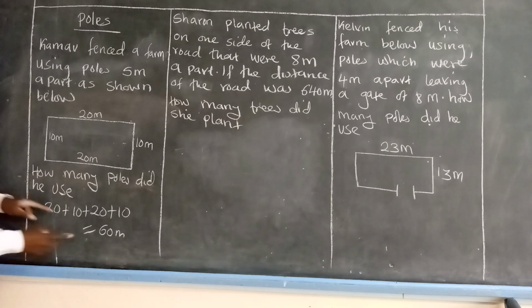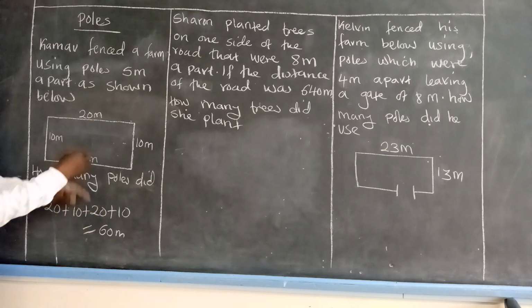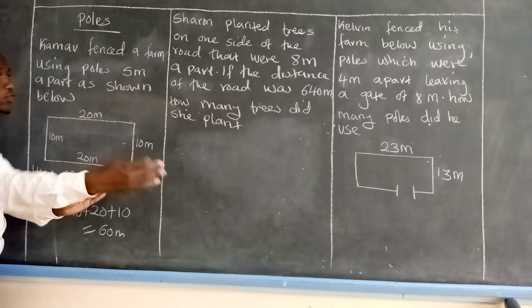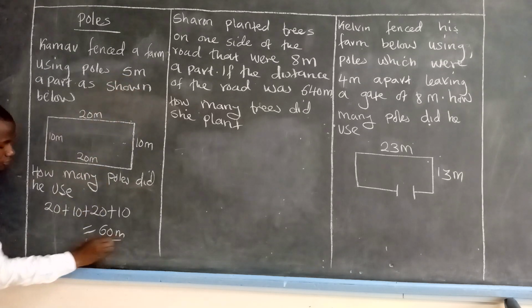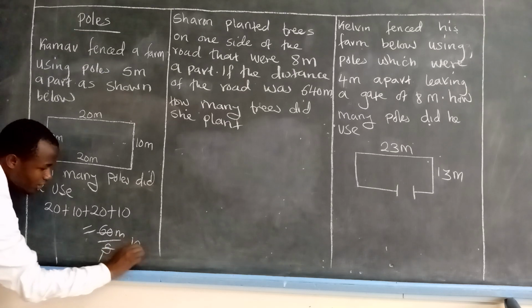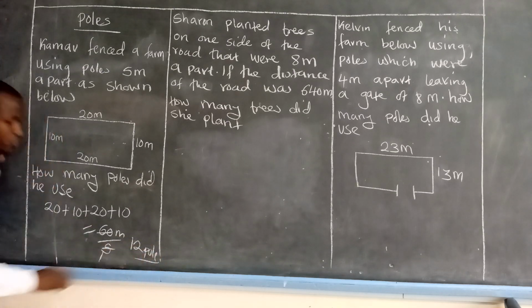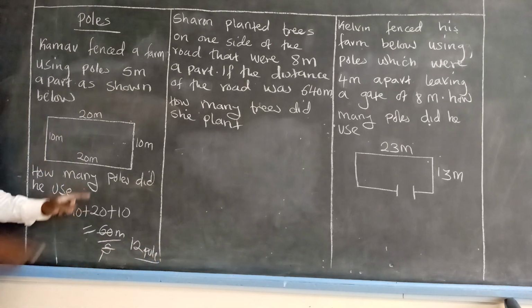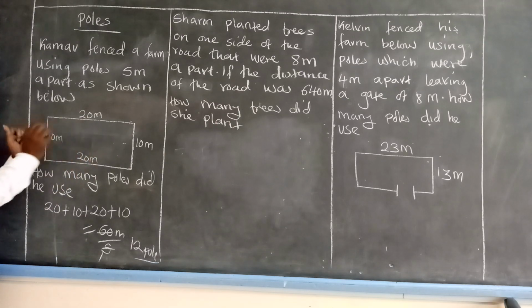The distance from one pole to the other is 5 meters, so you divide by 5 and get 12 poles. So 12 poles were used to fence this farm.